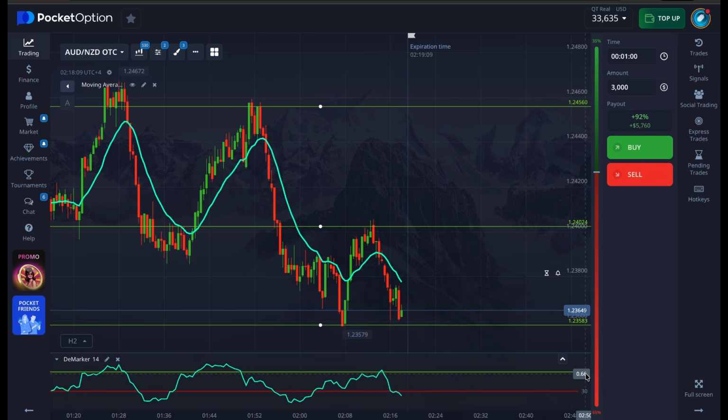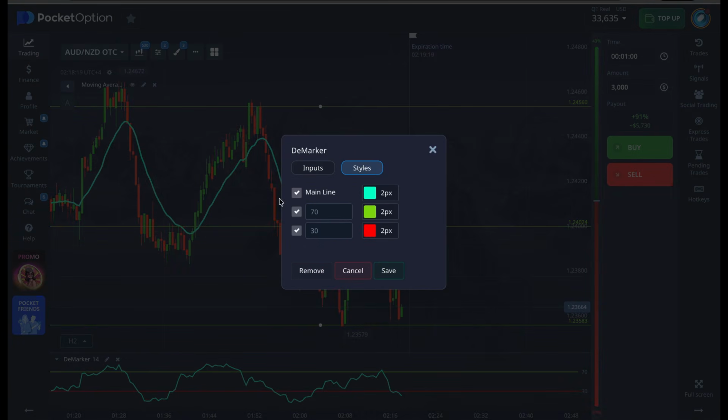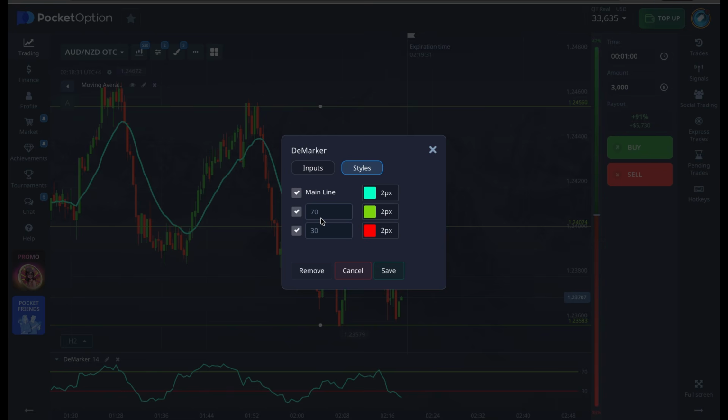Now, you need to understand that for this particular strategy, our primary indicator is the D marker right here. That's been set at 14, and the main line, which is the momentum baseline, is the one that keeps on moving. The floor is 30, the oversold zone, and the ceiling is 70, the overbought zone.